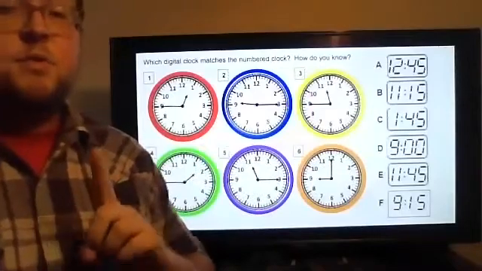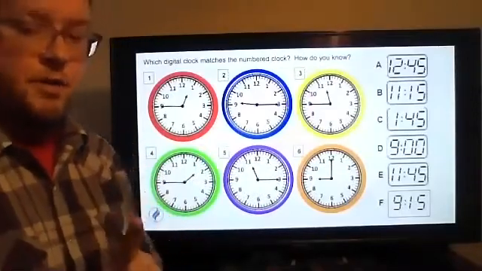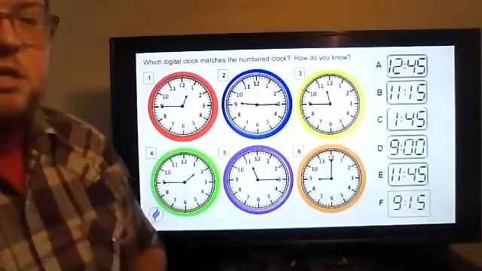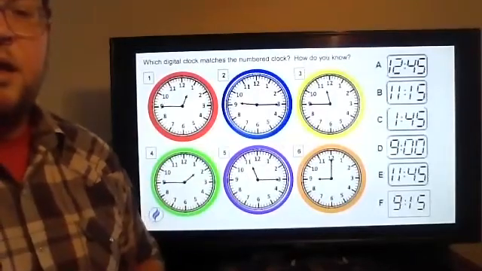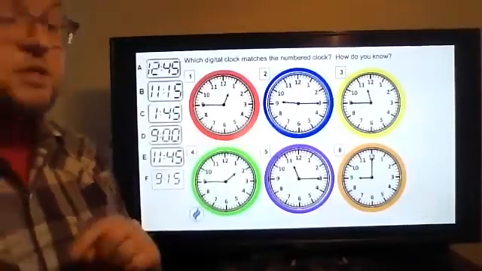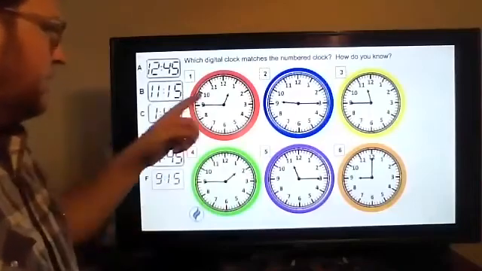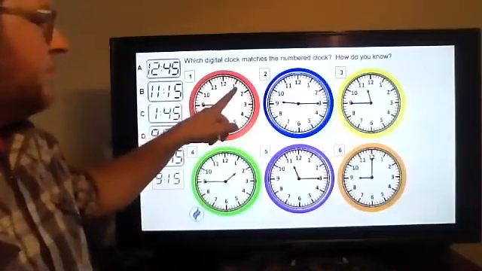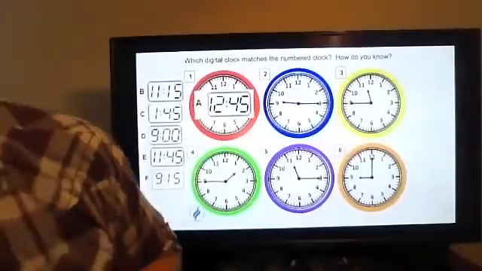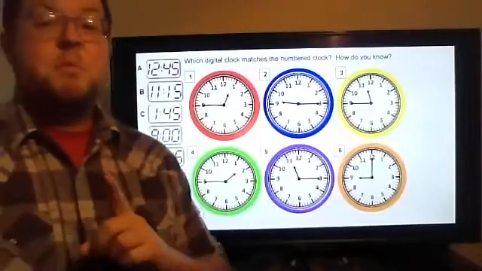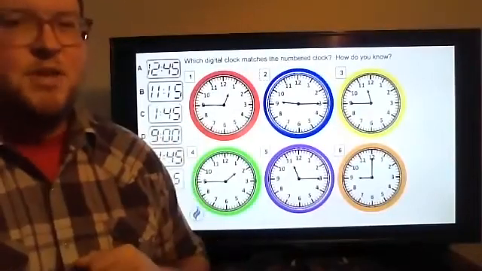Now I have to look at our hour hand. So I'm actually going to switch to this screen. I want to take a look at our hour hand. Now it's between 12 and 1. If you remember earlier, I just kind of gave away one of the answers.